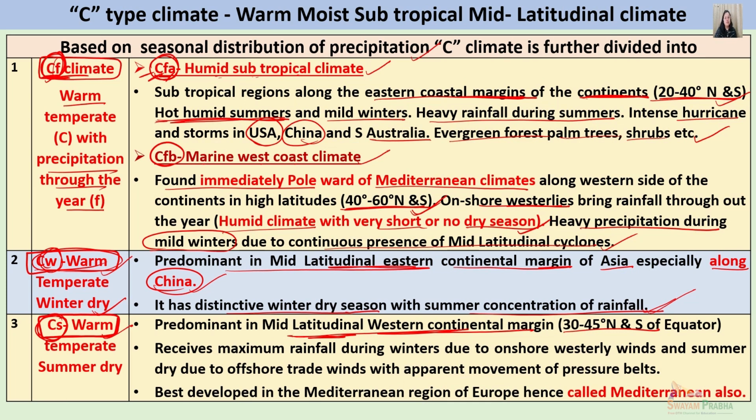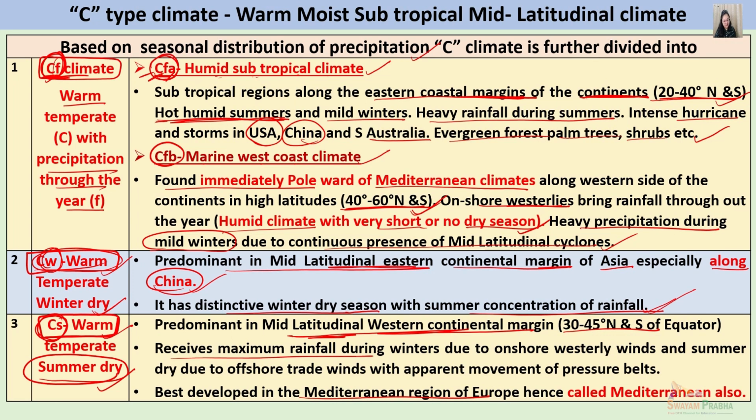So this type of climate is also called the Mediterranean type of climate because it is best developed along the Mediterranean region of Europe. The main characteristic of CS type of climate is that it has a distinctive summer dry season. So it does not receive rainfall during the summer season.